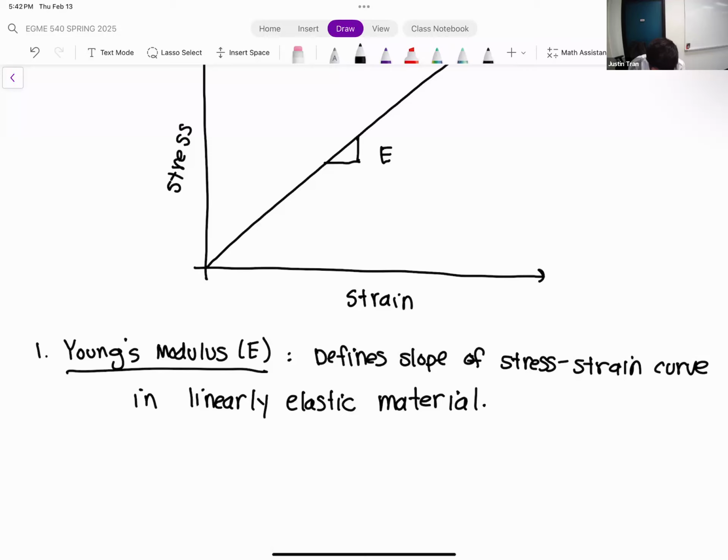What the Young's modulus defines is how stiff your material is, how resistant it is to deformations.